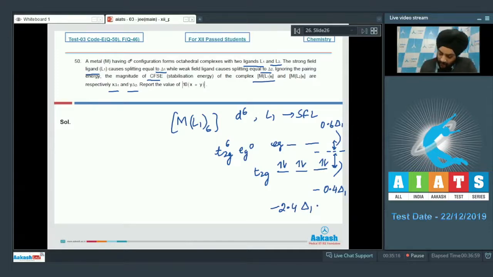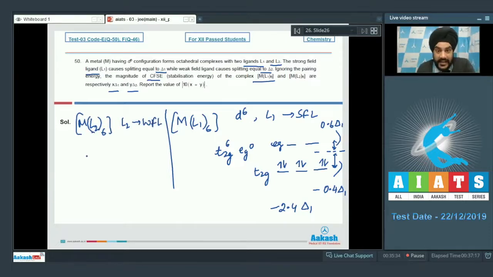And now if we talk about the second complex, we have ML2 whole 6. L2 is a weak field ligand. So in this case, the configuration will be t2g4 and eg2.